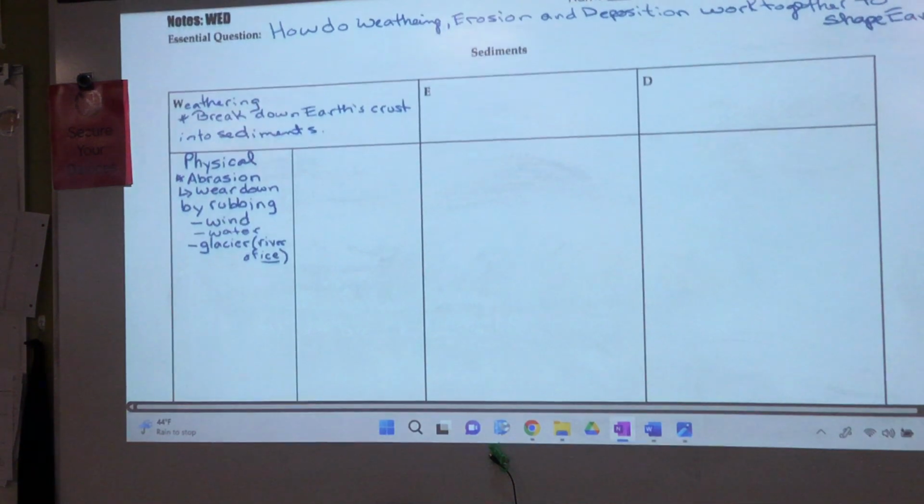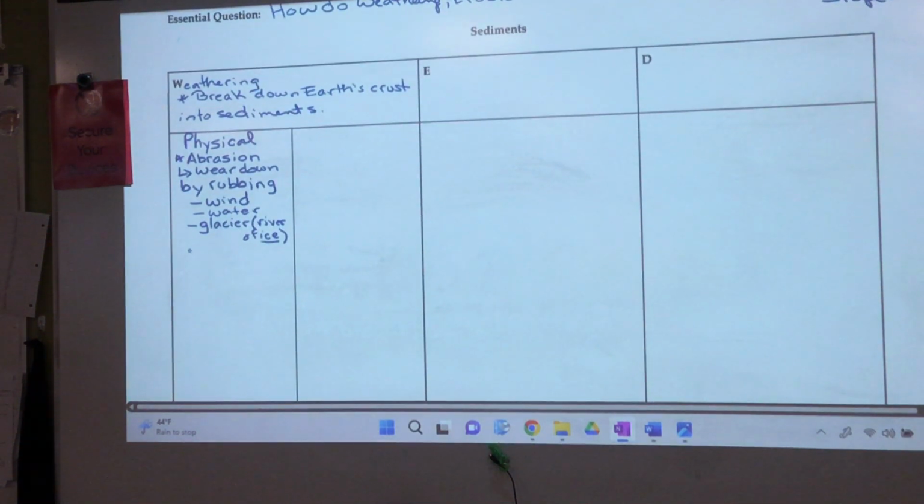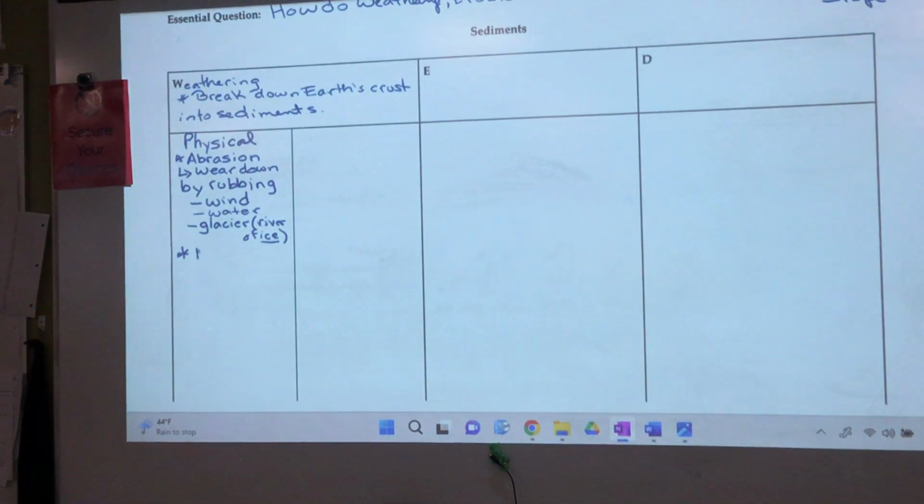All right, let me move down a little bit. Another way that we can physically weather the crust is with temperature change. I'm just going to say temp change. And the way we do that is really an amazing property of water, and we'll talk more about that when we start talking about water.